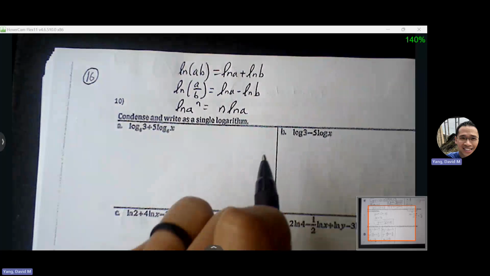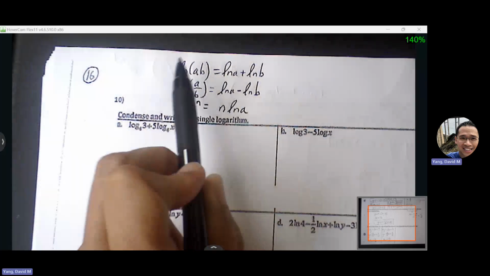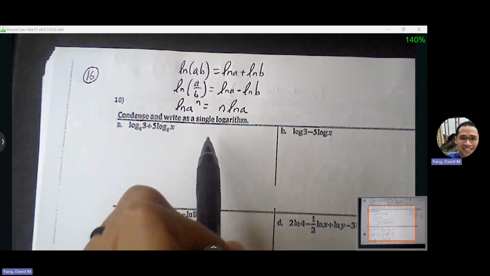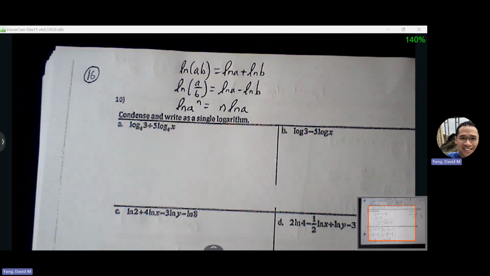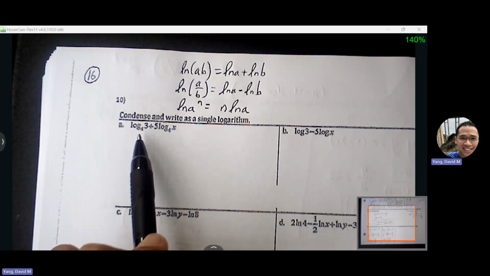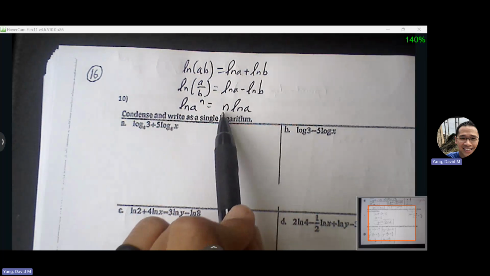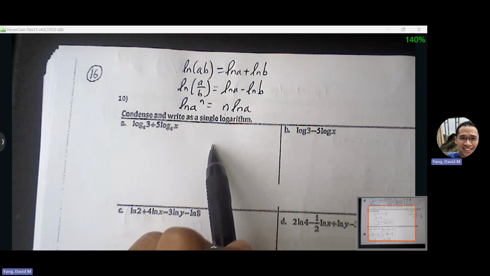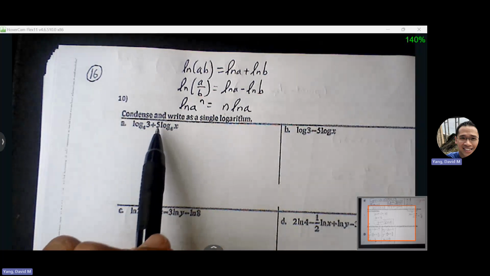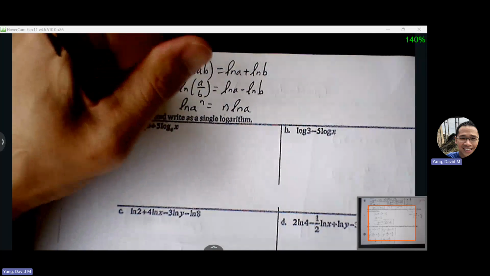So when you condense, you're basically trying to get everything on the right side back in terms of the left side. You're just trying to get it down to one singular log expression. So when you're condensing, I think the first thing to do is try to put all the coefficients up as exponents first. So I'm going to put that 5 up above the x as my first step.